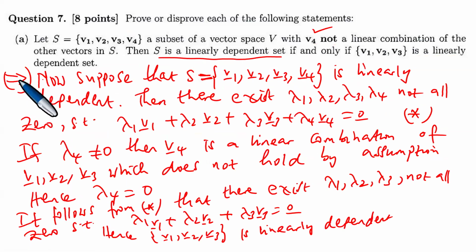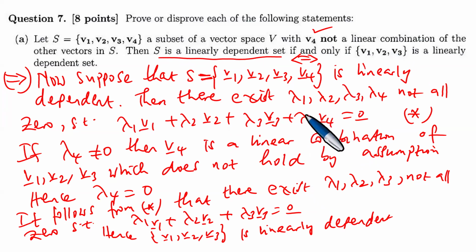Because the if and only if is in both directions, proving the forward implication was a bit more effort. We start with the set S that has 4 elements, meaning we have 4 scalars and can write this particular linear combination. Now we want to reduce these 4 vectors to 3 vectors.